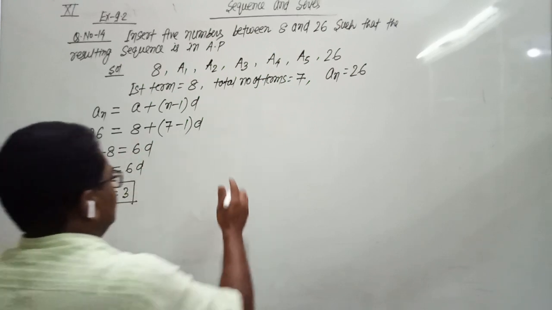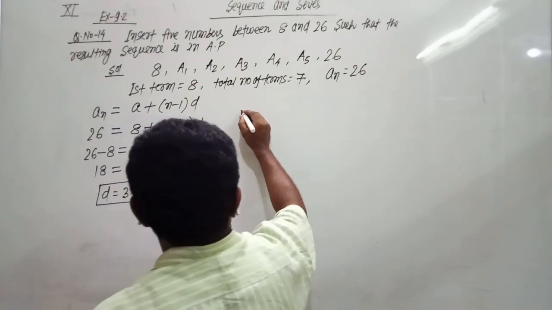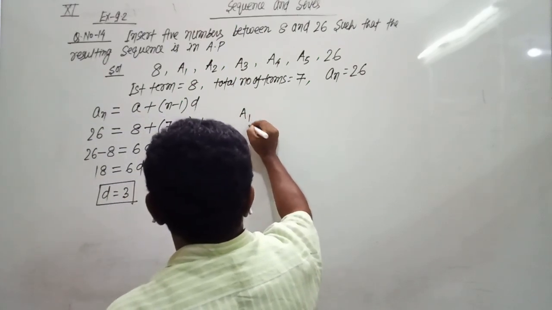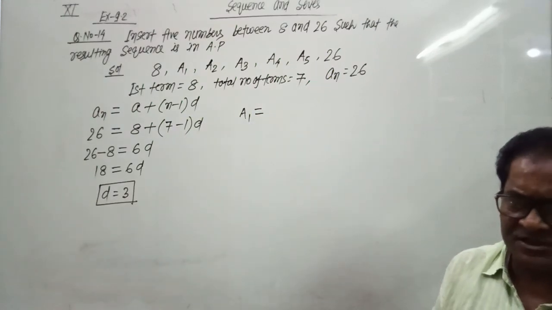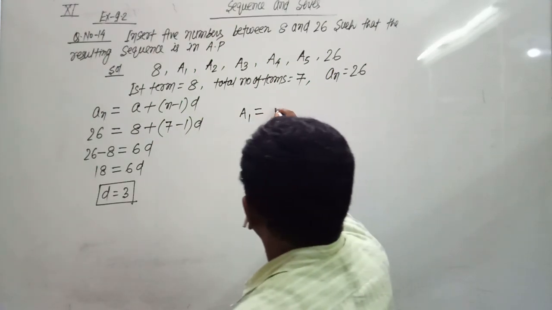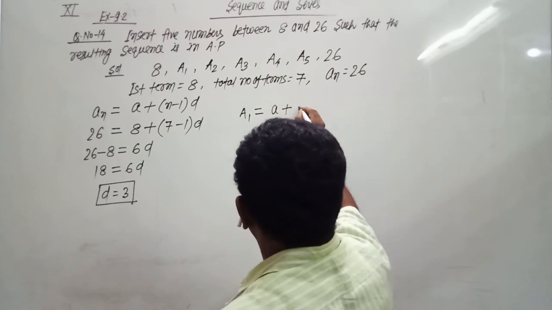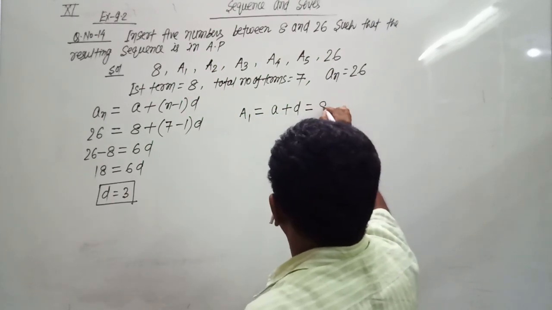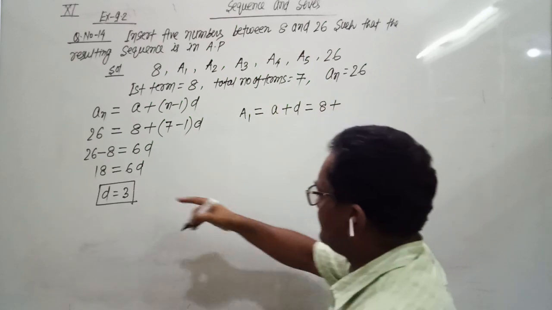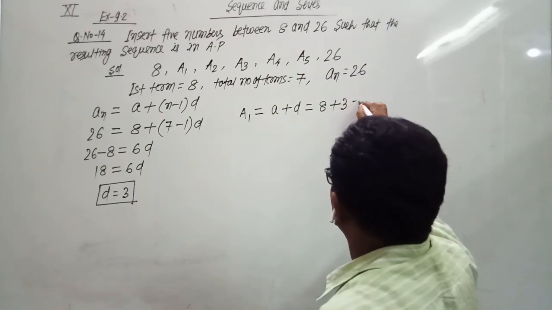Now we have to find the first number, or the first arithmetic mean, a1. So a1 is written as a plus d. Here a means the first term, which is 8, and d we have already calculated as 3.